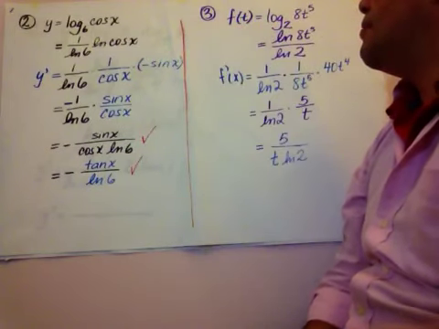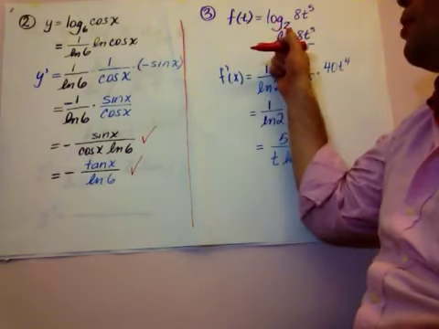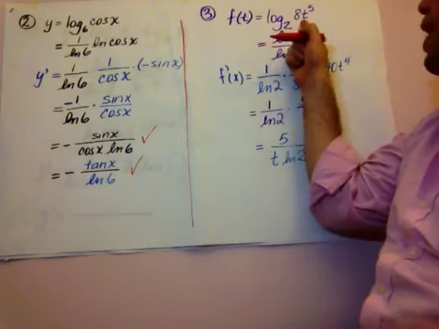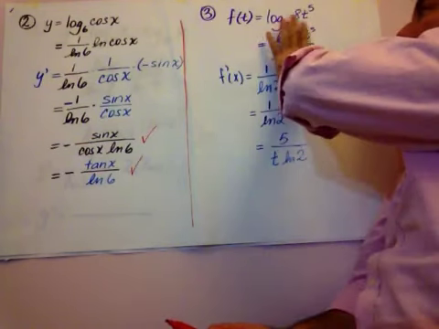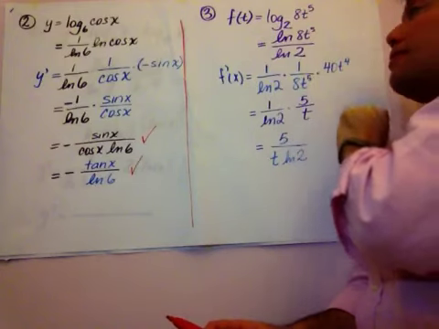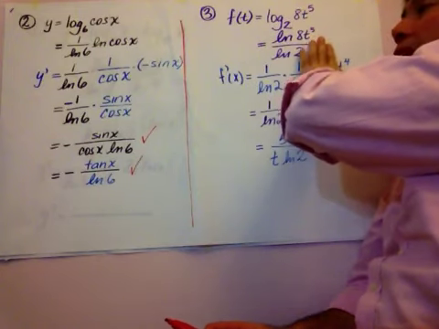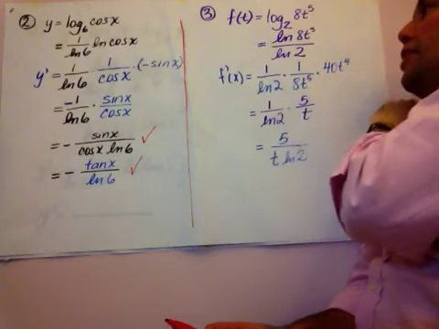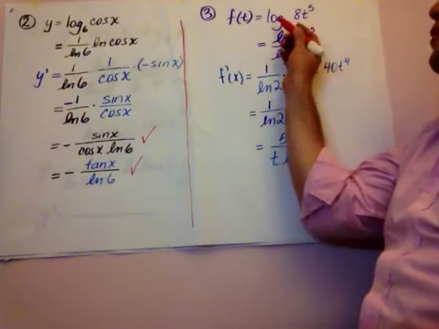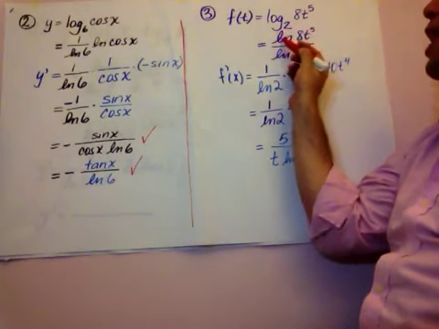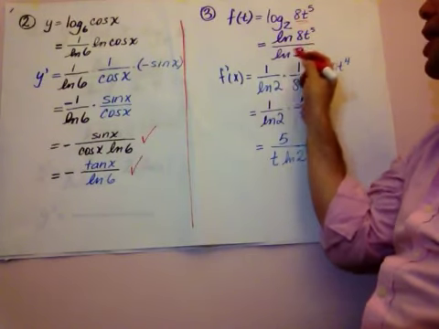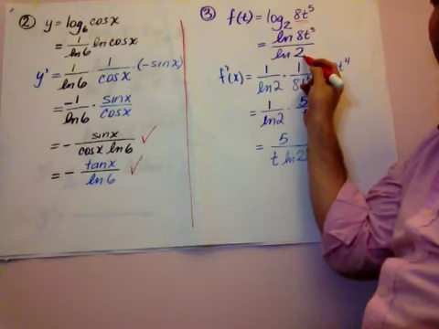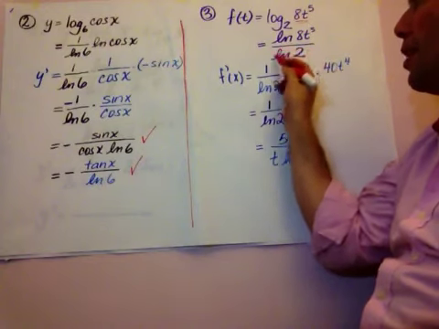Let's see this other one. f of t is logarithm base 2 of 8t to the 5th power. Again, transforming, it's more a problem of the properties of logarithms than the calculus part. Transforming this into natural logarithm, we have natural logarithm of the argument divided by natural logarithm of the base. And remember, this is a constant.